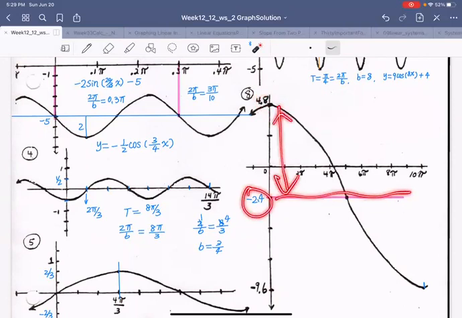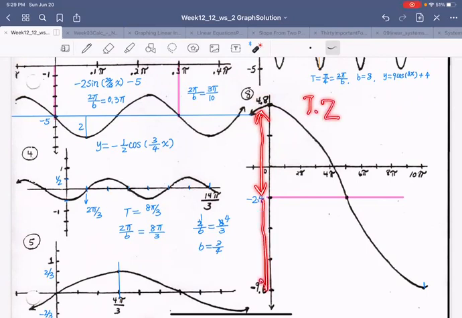Amplitude. How much? The amplitude is, wait, it's 6.4. 6.4. Really? Wait, really? From here to here, how much? Oh, hold on, it's 7.2.